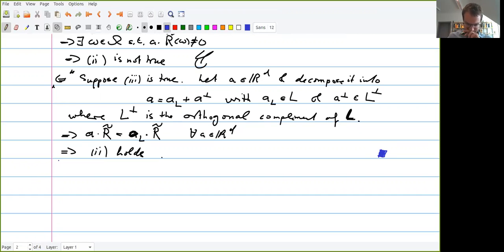But this small technical lemma allows us now to prove, at least from a financial perspective, a more interesting proposition. Okay, what do we suppose?